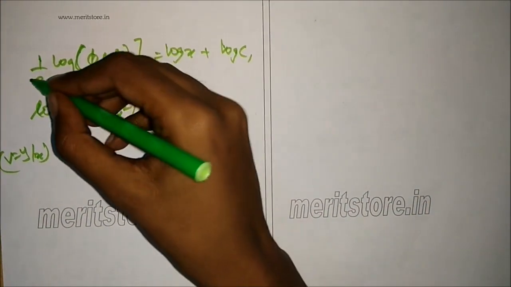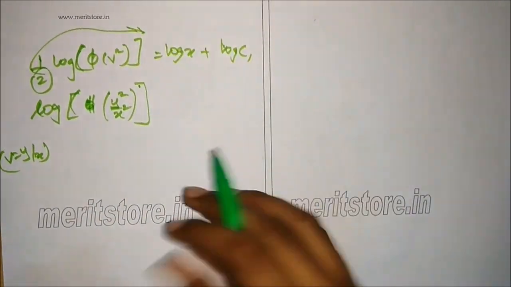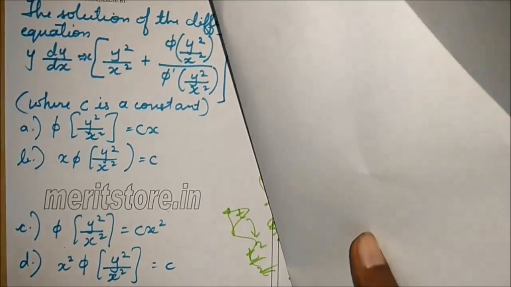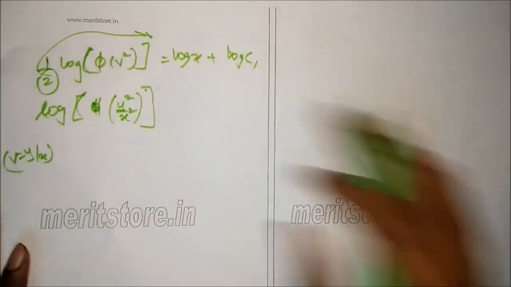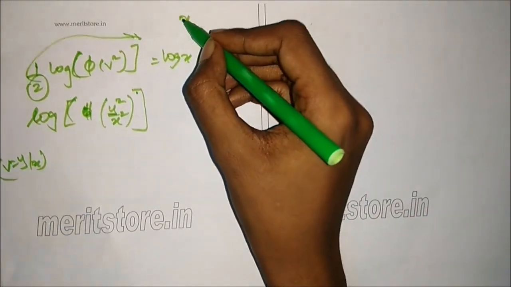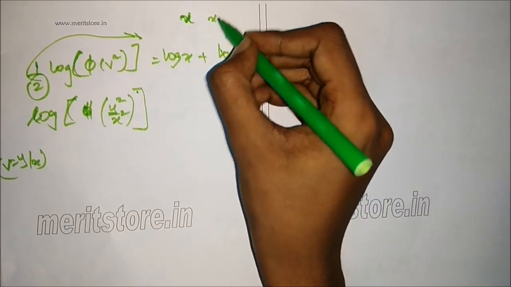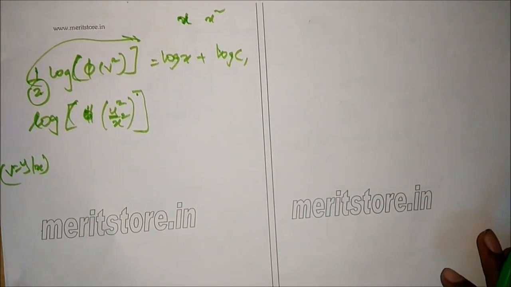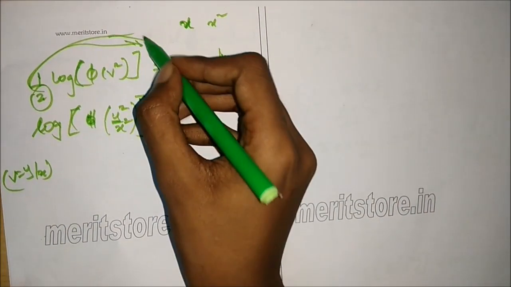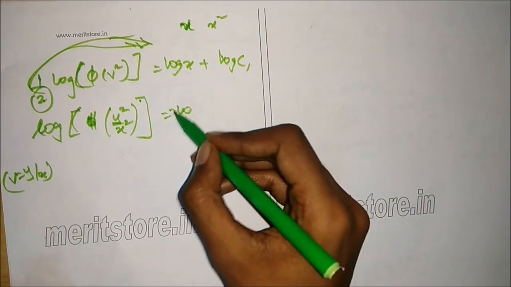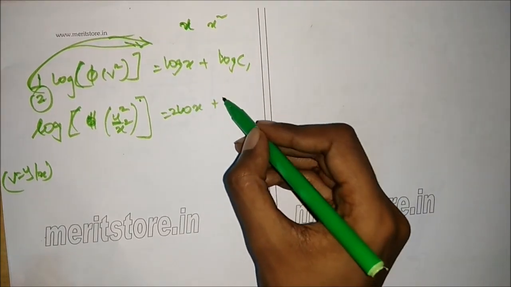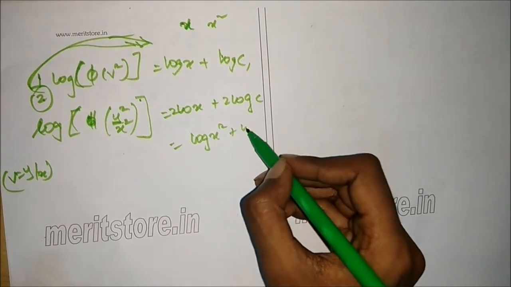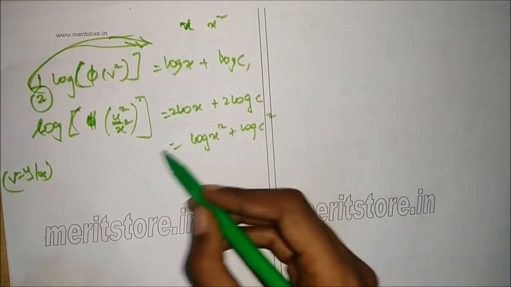Or rather we can bring this to RHS, since in the options we are supposed to find the power, and the RHS has x or x square, so we'll try to find the power. So we'll bring this to RHS, so this will be 2 log of x plus 2 log c, that is equal to log of x square plus log of c square by law of indices.